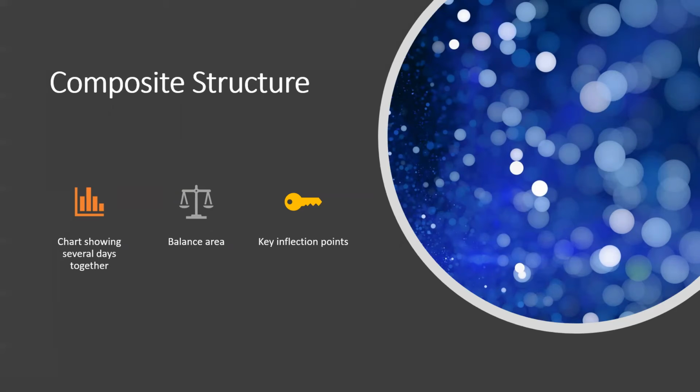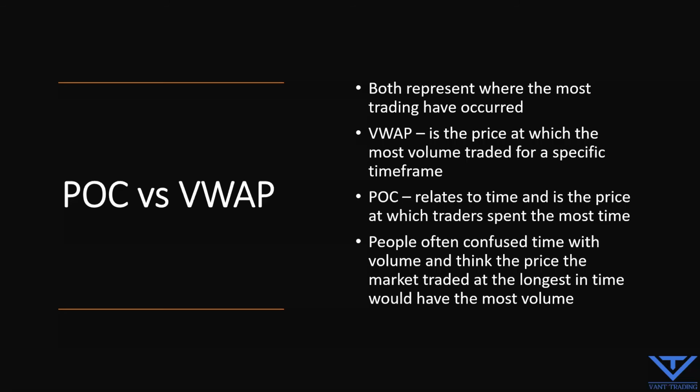The purpose is to find out where the market or the security you're trading is in balance, and what the key inflection points are, because it's almost impossible to see that without doing a volume profile, market profile analysis.